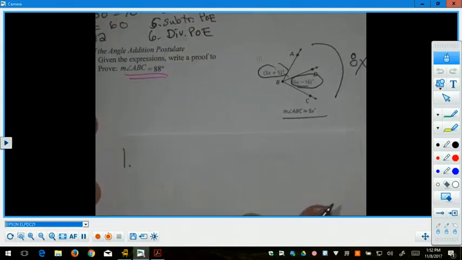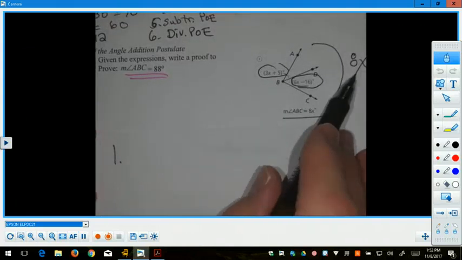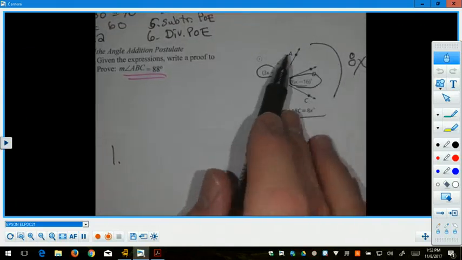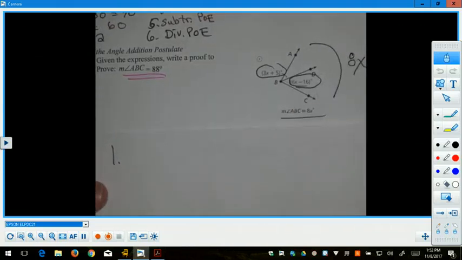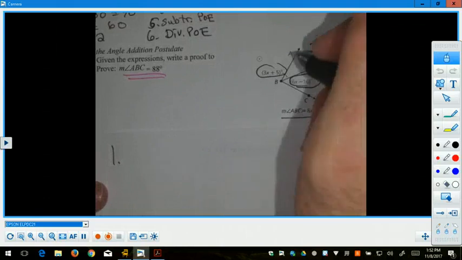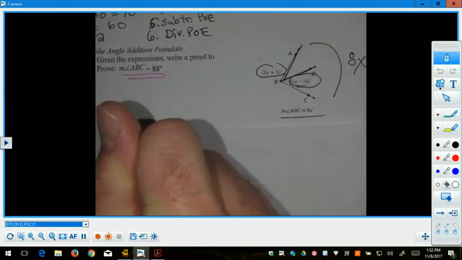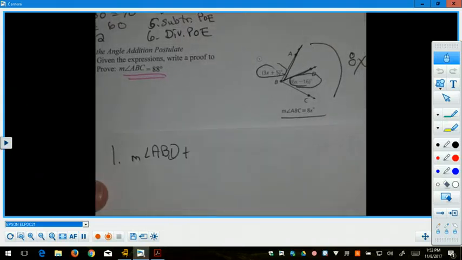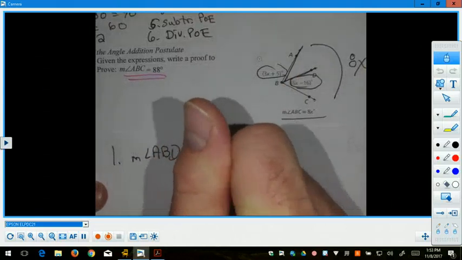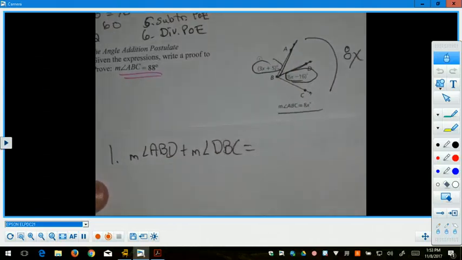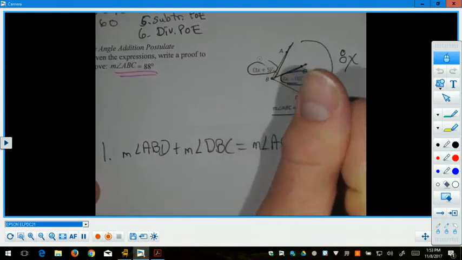So my first line of my proof is going to be about the angles, not the variable expressions. When we were just solving, we just set up our equation and got our answer for x, but now we have to justify why we're setting up that equation. So the measure of ABD plus the measure of DBC should add up to the entire angle, the measure of angle ABC.